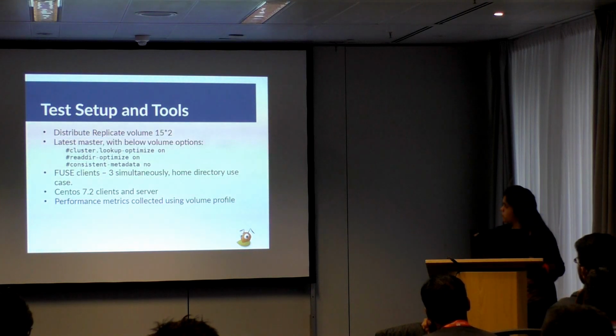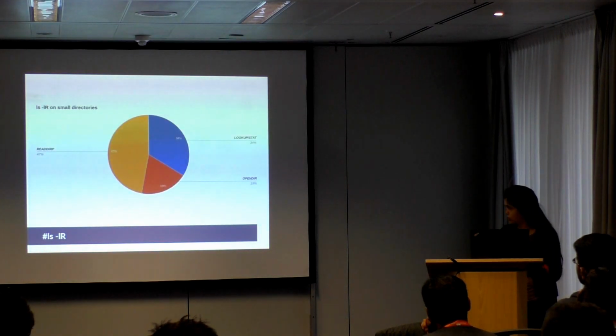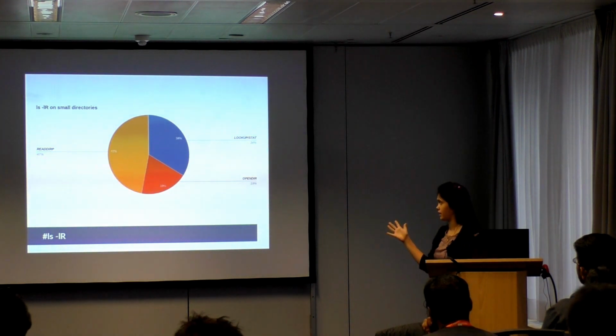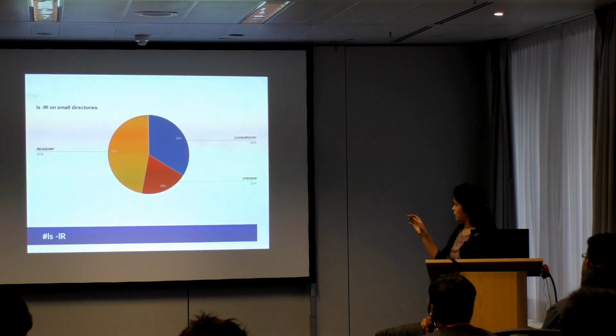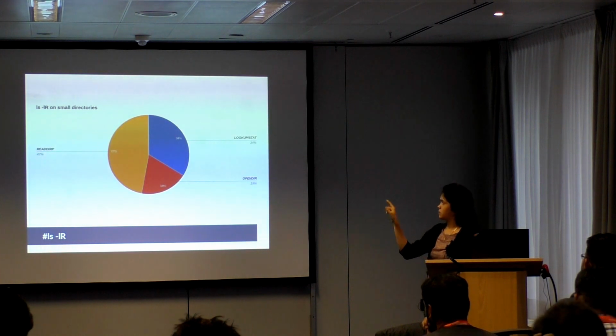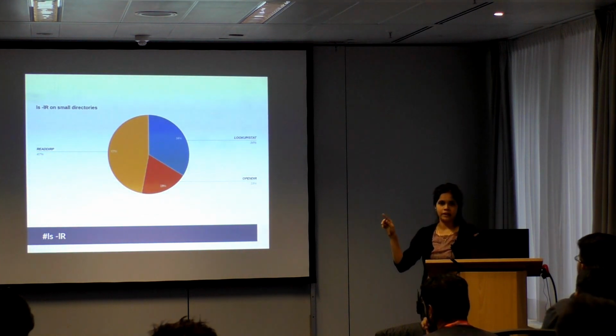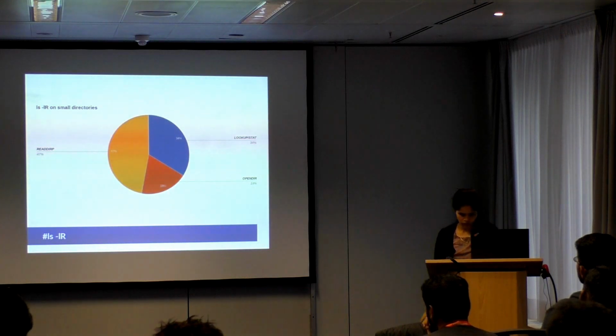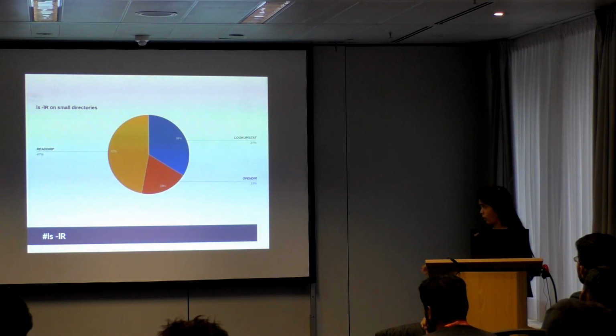So let's go to the most commonly used metadata operation, which is ls -lR. In this, as you see, the highest percentage of the time is used by readdirp, followed by opendir and then lookups. So why readdirp?